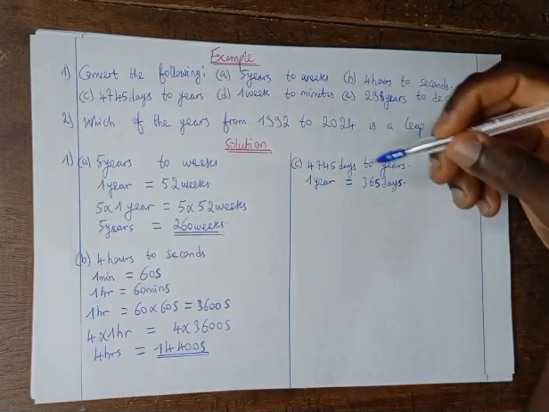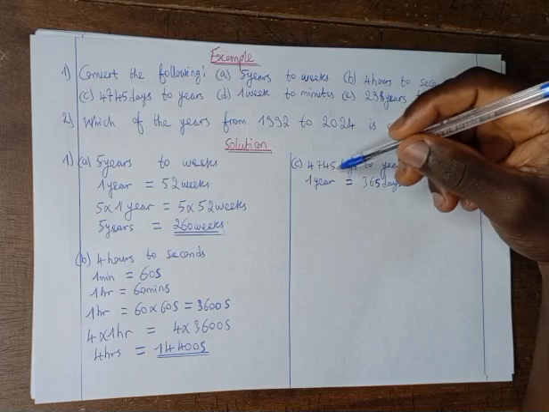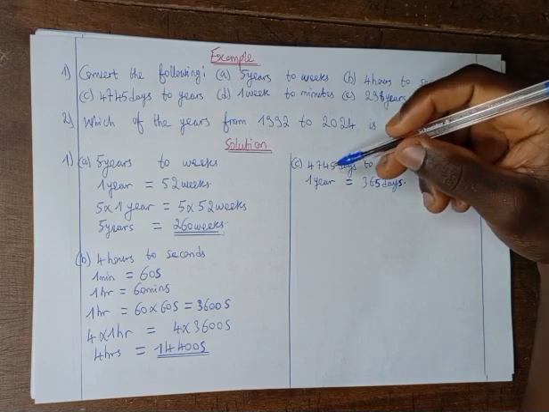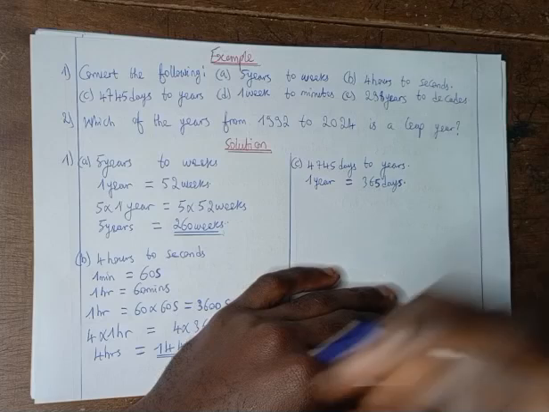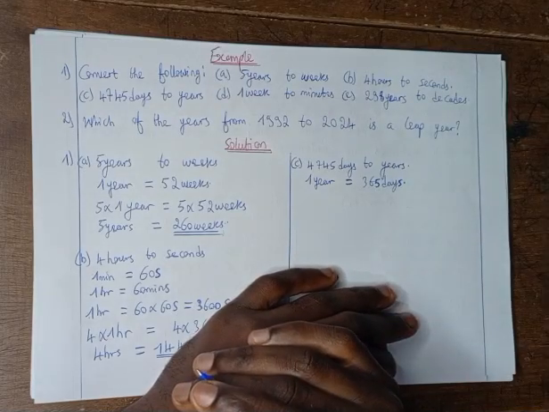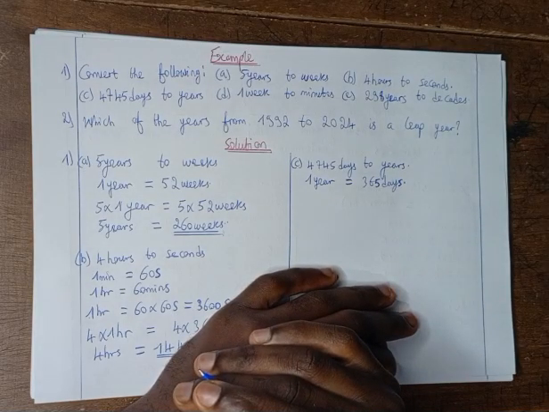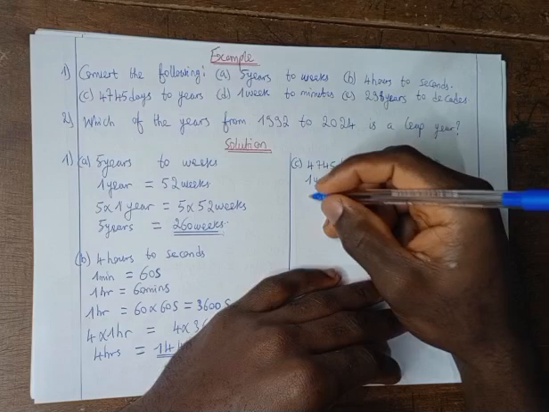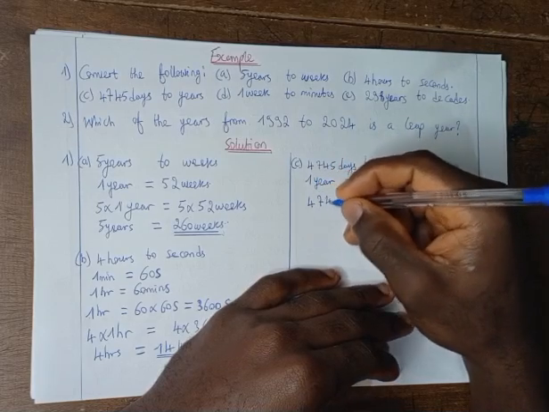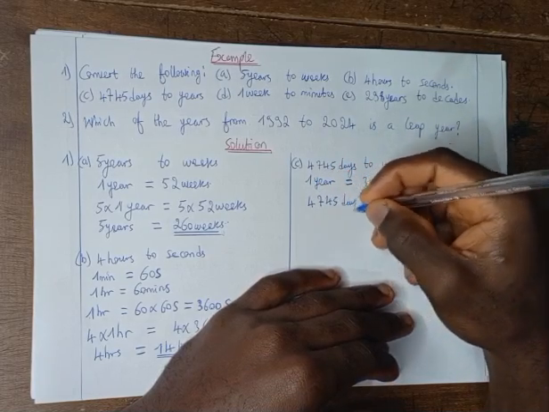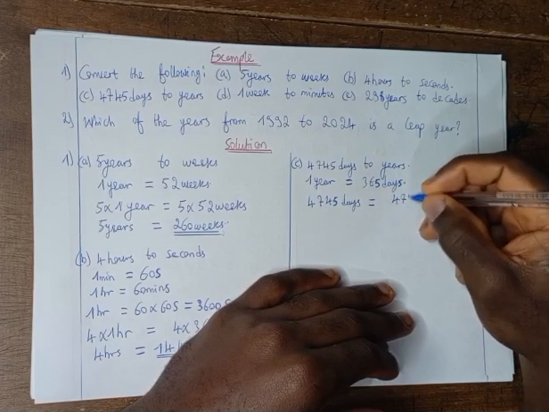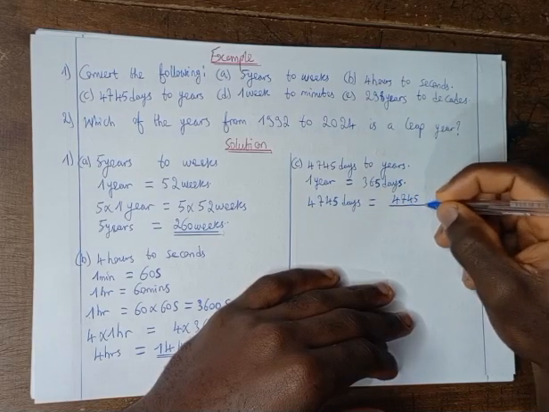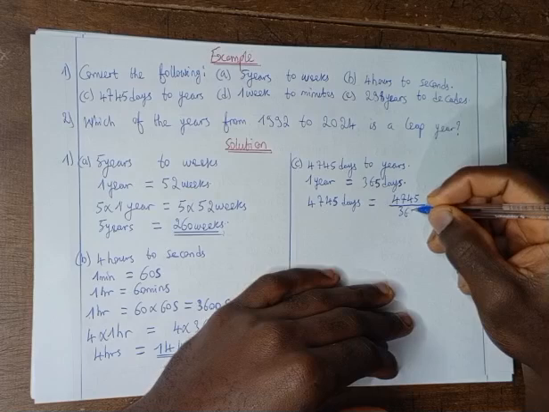So for us to get the number of years in 4,745 days, we are simply going to divide 4,745 by 365, which will give us 4,745 divided by 365.